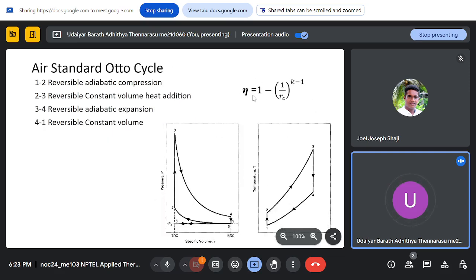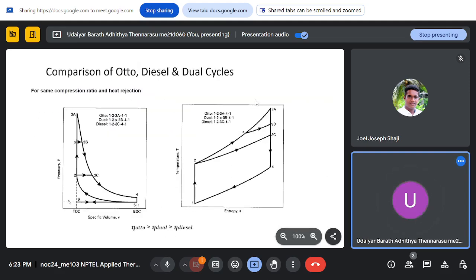Efficiency is 1 minus 1 by compression ratio raised to power gamma minus 1, assuming gamma is 1.4. So this is increased from 5 to 7. Efficiency 1 will be 1 minus 1 by 5 raised to power 0.4, and efficiency 2 will be 1 minus 1 by 7 raised to power 0.4. So you know the two efficiencies.